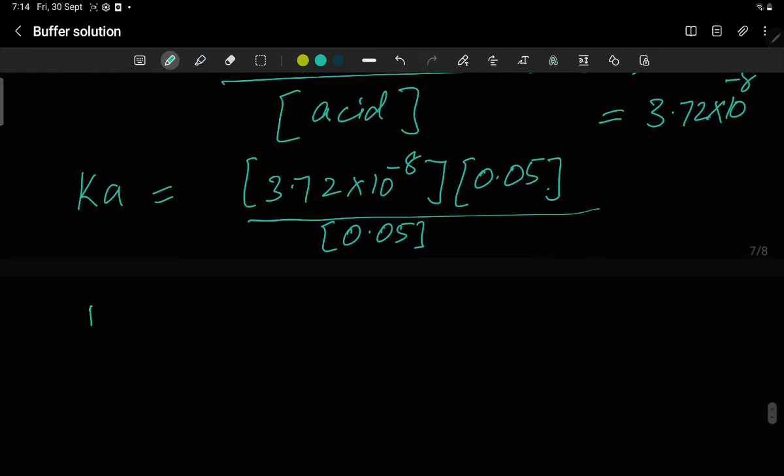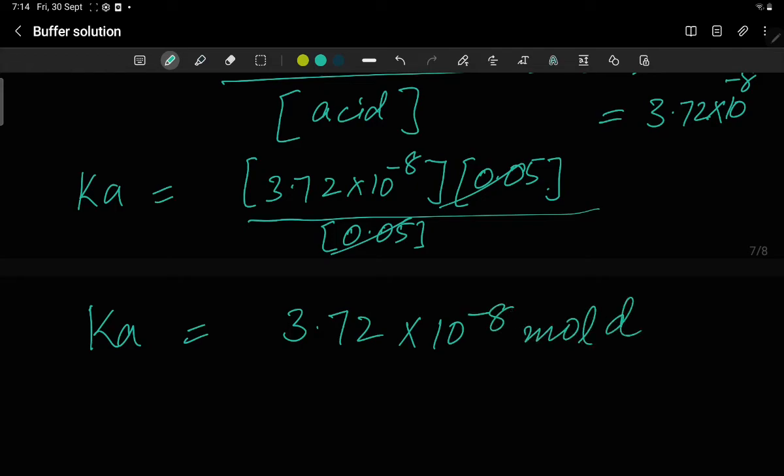So they cancel out, and Ka is equal to 3.72 into 10 raised to minus 8 mole dm inverse cube.